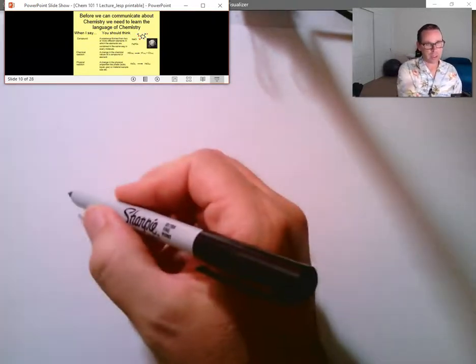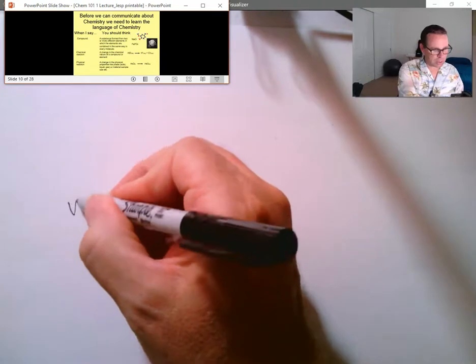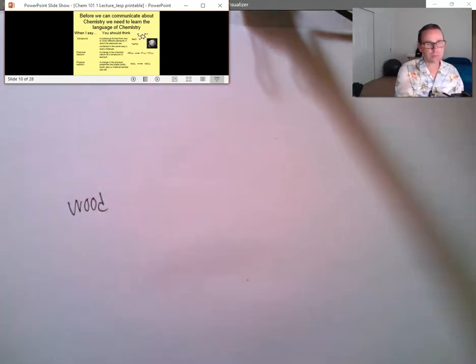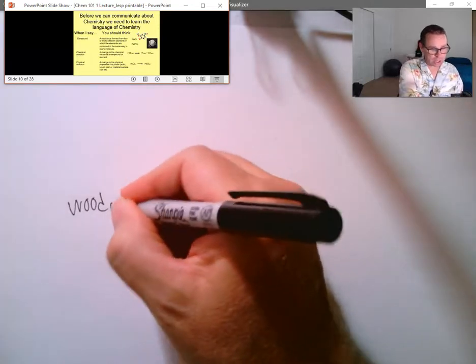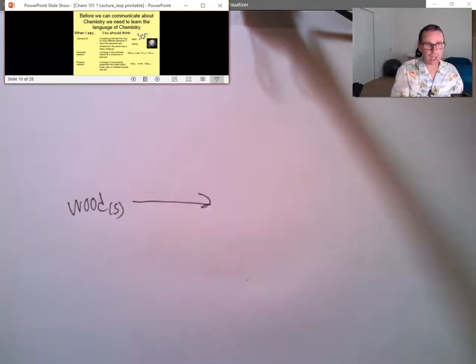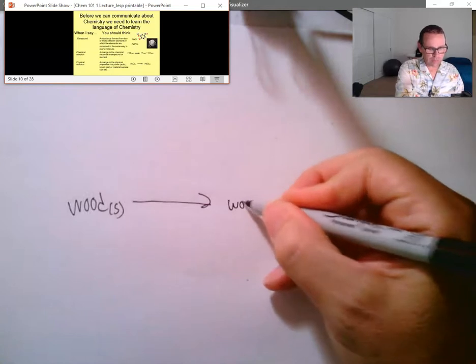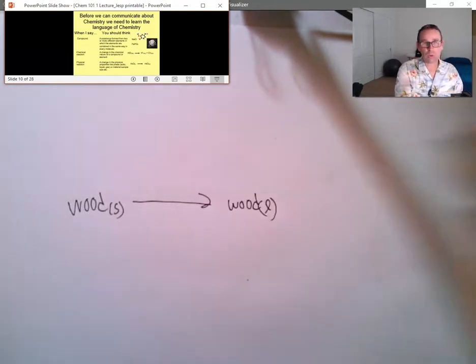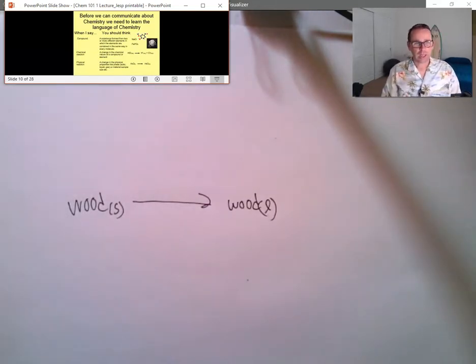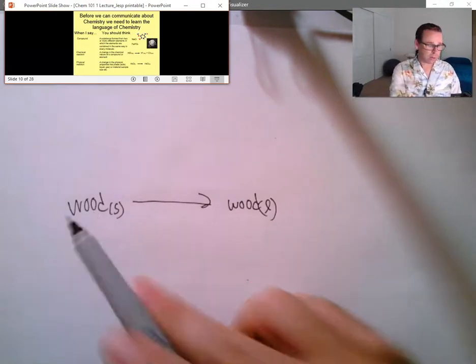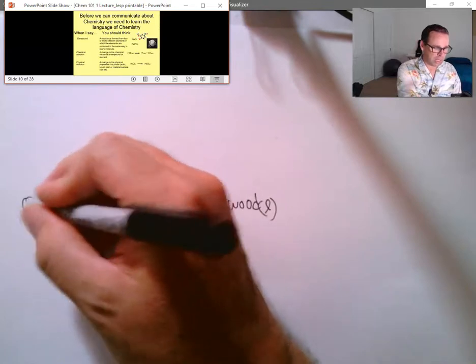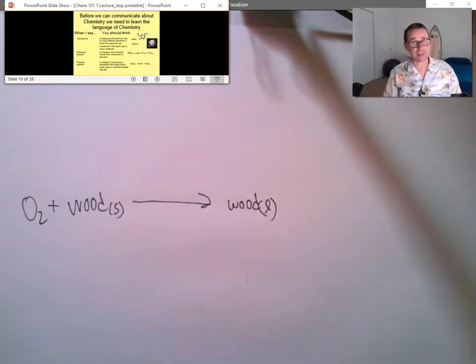Now, this isn't an element, but if you think about something like wood, right? If I have wood and I get it really hot, let's say this is solid wood, why don't I ever have liquid wood? And the answer is because when you get this really hot, it begins to react with the oxygen gas that's around.